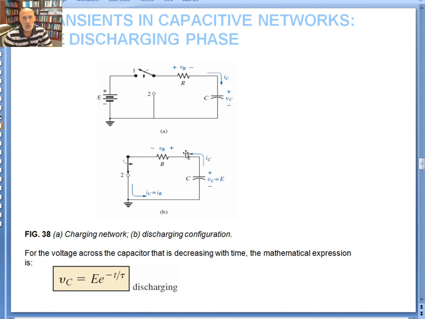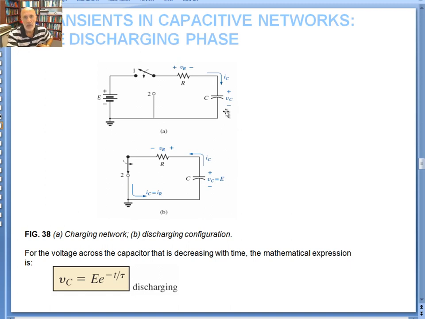Now, if you're in position 1 for this circuit, the cap is completely charged up, and then after 5 time constants, you switch from position 1 to 2. Let's look at the current direction. Of course, when this voltage source is in, the current is flowing from left to right and charging up the capacitor. But as soon as you switch to position 2, the cap now acts like a constant voltage source.